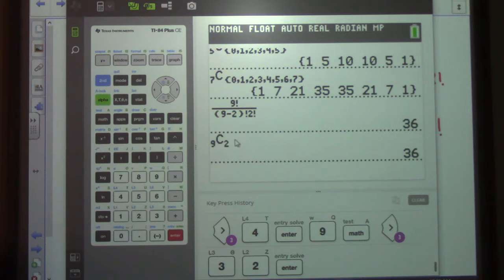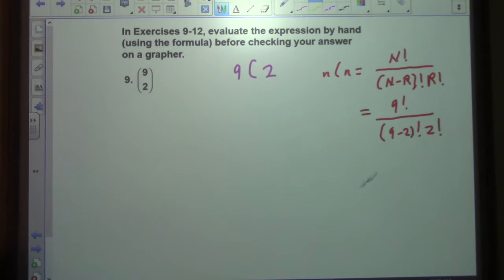So this little nCr thing is a shortcut to this. It's its own function. It's like the function machine that takes these numbers 9 and 2 as an input and makes this happen. So basically that's what you're doing, and it's tying in what that binomial formula is.